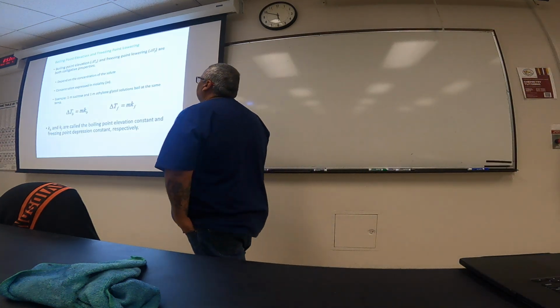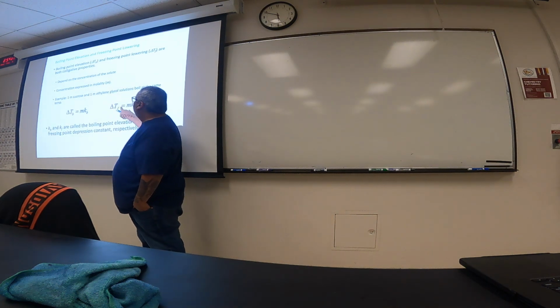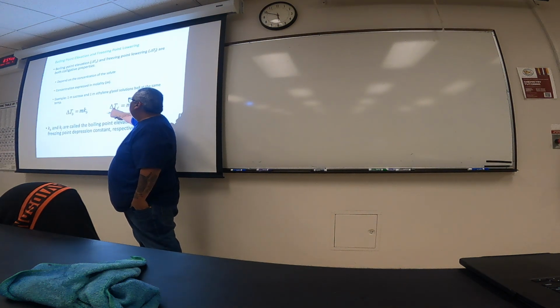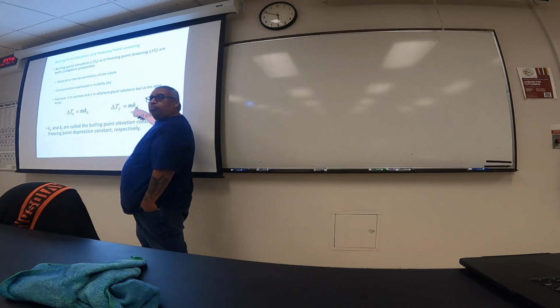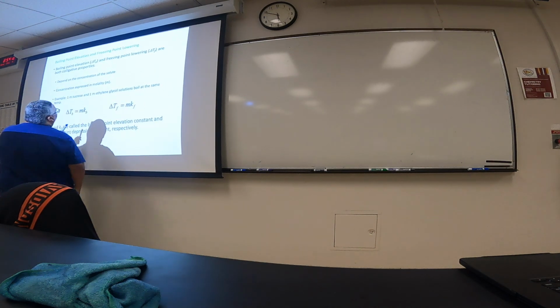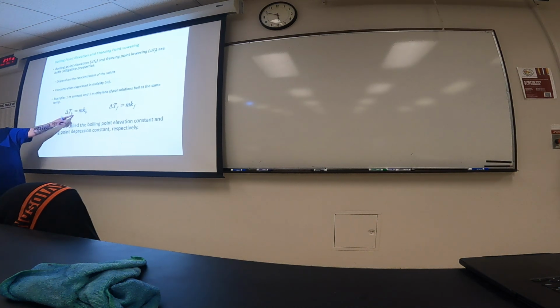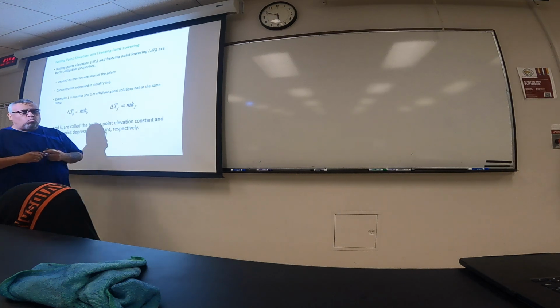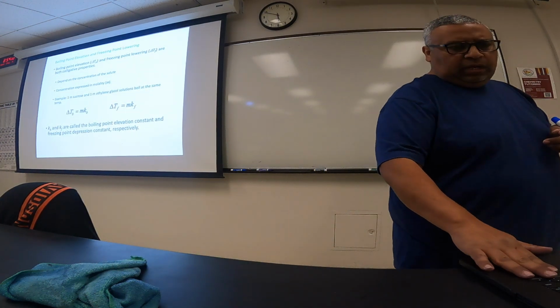So this is the one we worked with in the lab. This doesn't stand for final. This is the change in temperature, the freezing point. This is molality, and this is our freezing point depression constant. And this is our boiling point elevation constant that we have here. When we use these, we just have to be a little cautious.